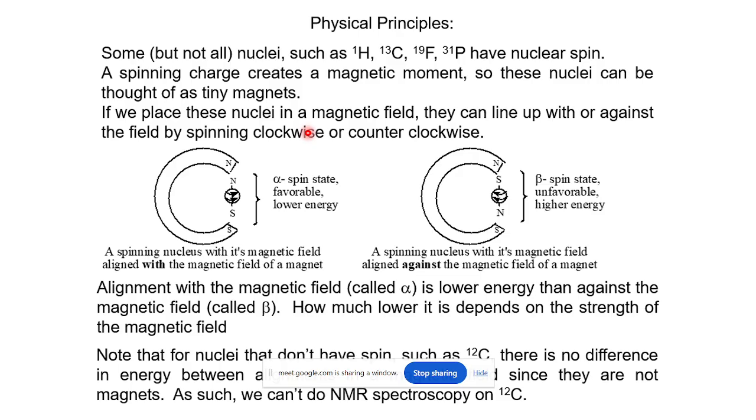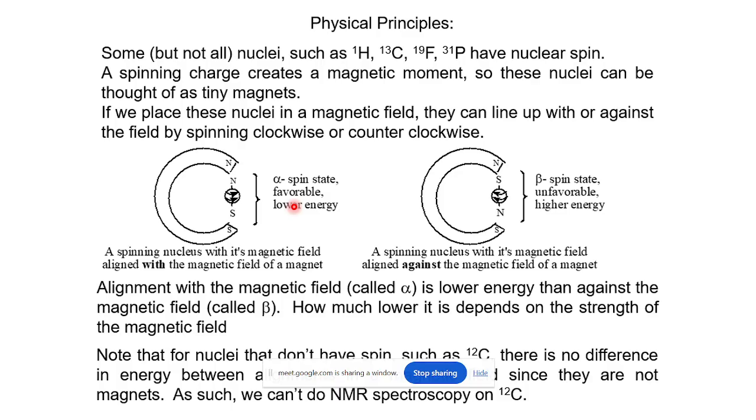Now if we place that nucleus in a magnetic field, it can line up with or against the field by spinning clockwise or anti-clockwise. If it is clockwise, that is favorable to the magnetic field and it is lower energy, that is called alpha. If it is opposing the external magnetic field, that is unfavorable, it will have a higher energy state. In that way, two splittings are possible.